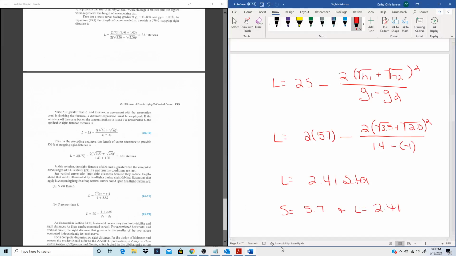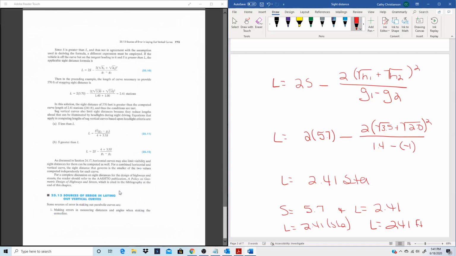The length of the curve, L in stations, is 2.41. So I'm going to write stations. And L in feet would be 241 feet. So that's what we would set our vertical curve at, 241, to meet those requirements.